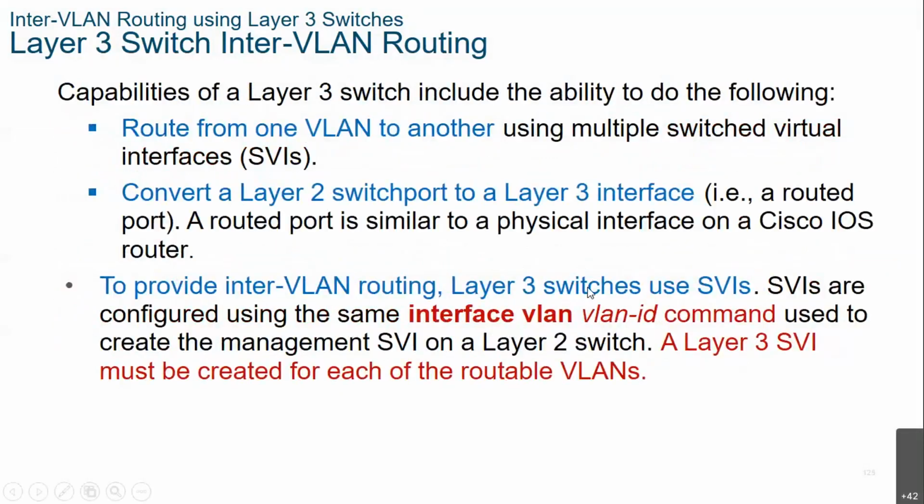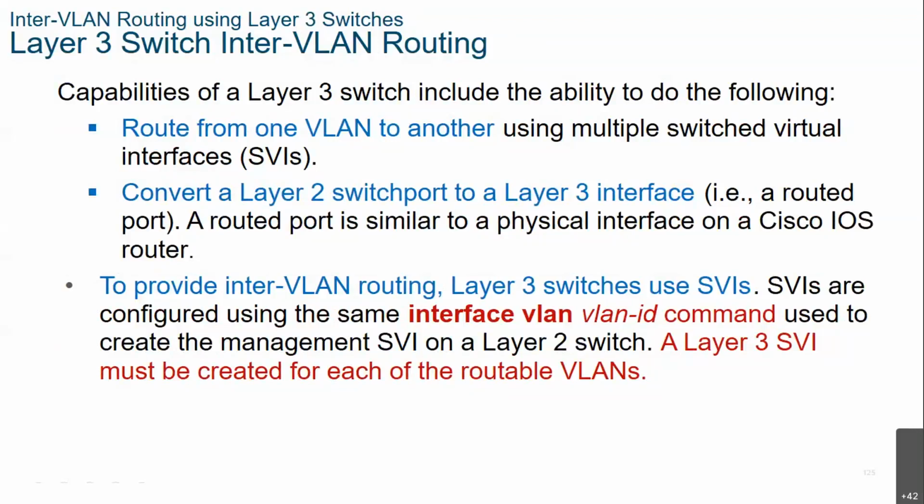So a layer 3 switch has the following capabilities. It can route from one VLAN to another using multiple switch virtual interfaces. It can convert a layer 2 switch port to become a layer 3 interface. Now this is important when your network wants to talk to the internet, right?